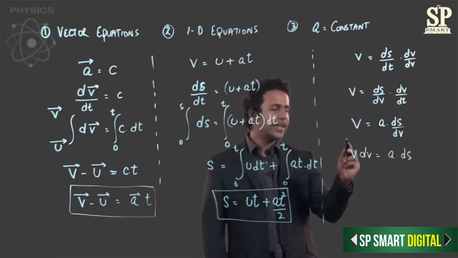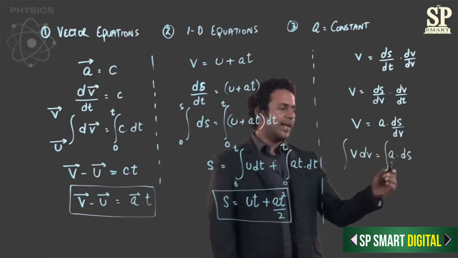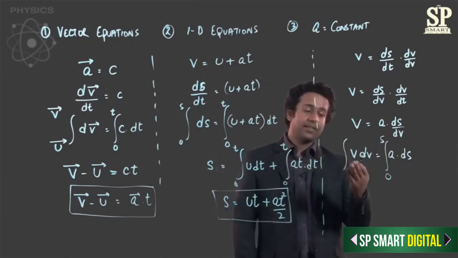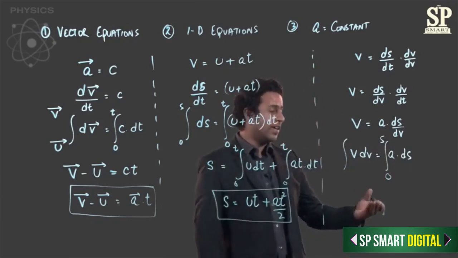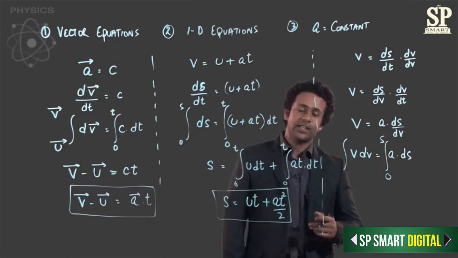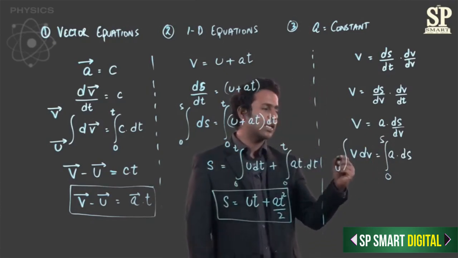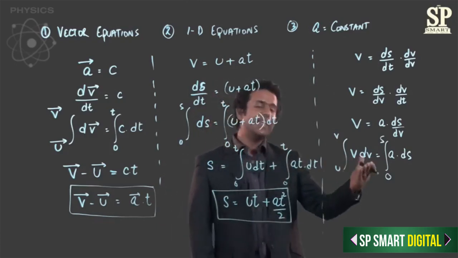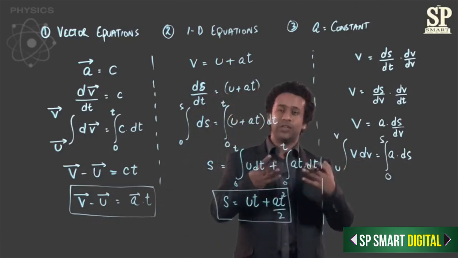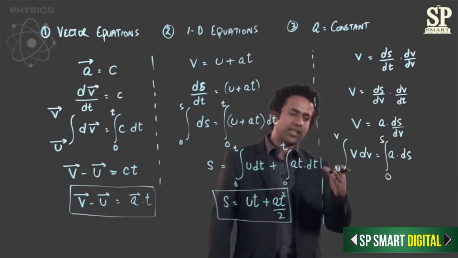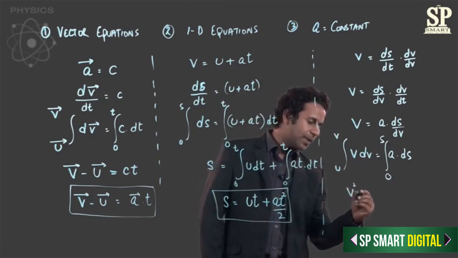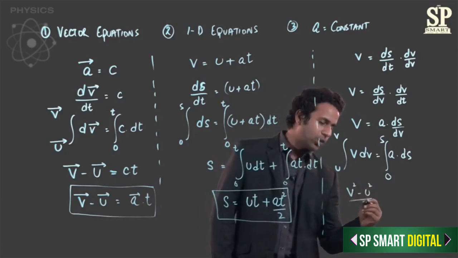Once again, integrate this equation. Let s vary from 0 to s, and for v, once again, we have the start and the end of an interval, so it will vary from the initial velocity to the final velocity. So v dv when integrated will give you v square by 2, and on substituting limits you will be left with v square minus u square by 2.